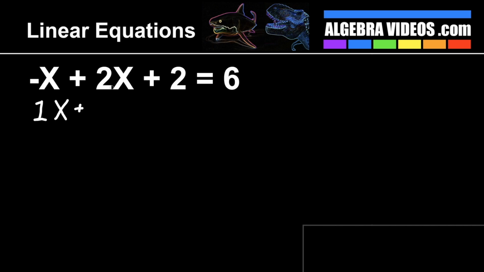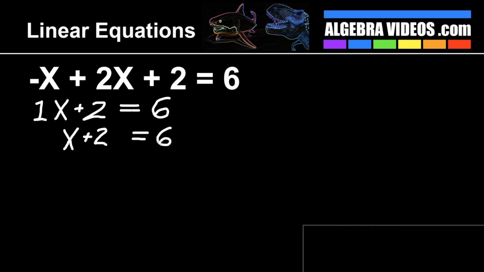So all I did was simplify these first two terms to a positive x, 1x, plus 2, rewriting that, equals 6 on the right side. So 1x plus 2 equals 6. And another way to say that is just x plus 2 equals 6.